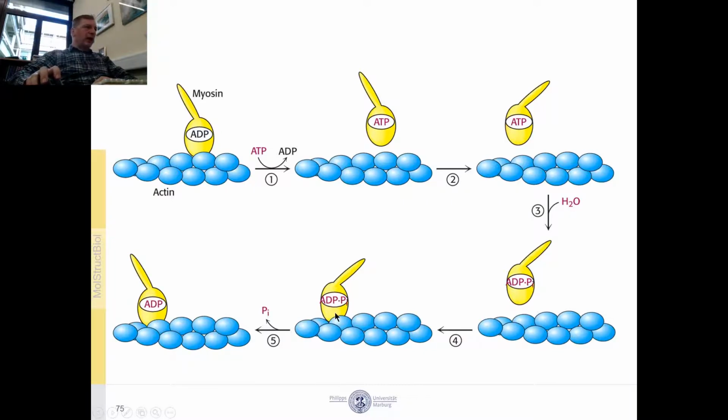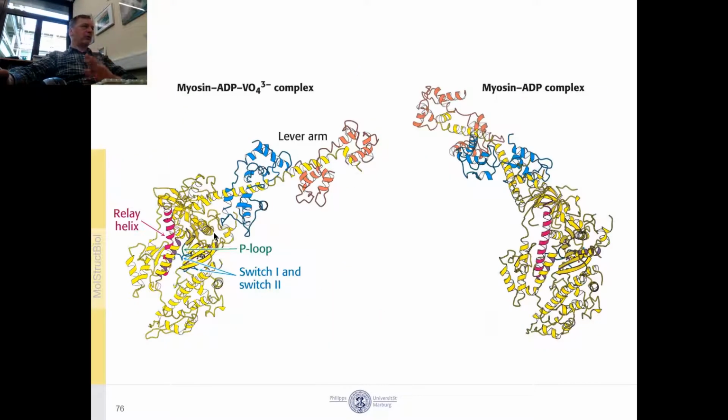Then it binds again, then it releases phosphate. Then it waits again to exchange with the ATP and the cycle repeats. That is a repetitive cycle, very similar to what we have seen with the kinesins. At least not in the very, very details, but in principle, always very similar.